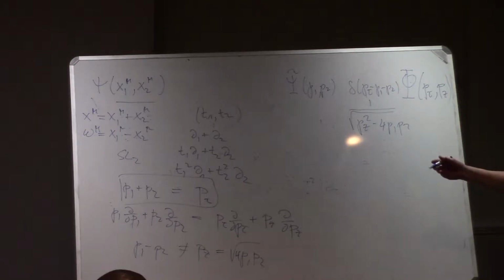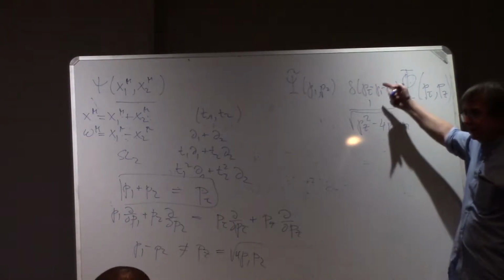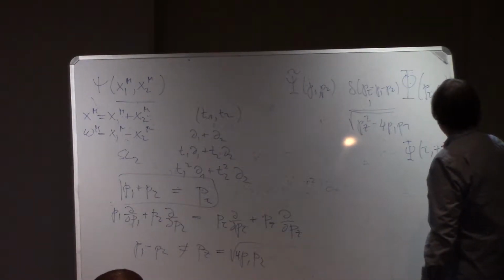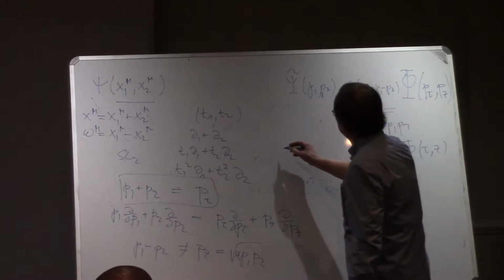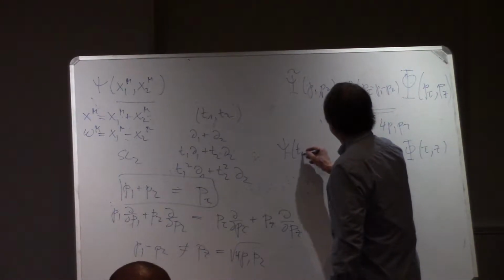For example, you might say, why don't you write it in coordinate space, which just means do a Fourier transform of this kernel. Then what we will have here is phi of tau, z. And what we'll have here is psi of T1, T2.